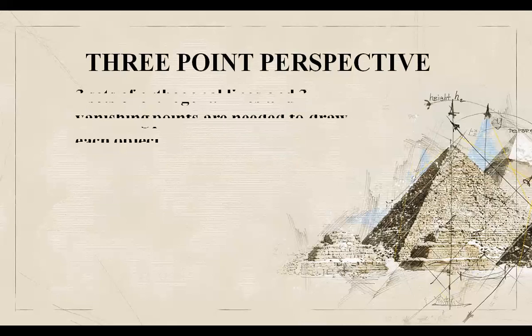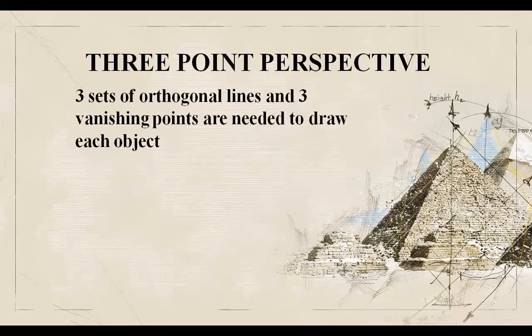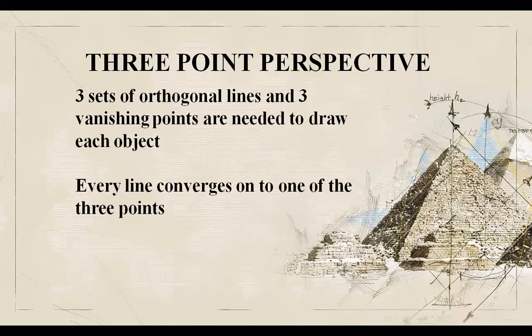To draw an object in 3-point perspective, 3 sets of orthogonal lines and 3 vanishing points are used. Every orthogonal line converges onto one of the 3 vanishing points, hence making simple images or objects more interesting.